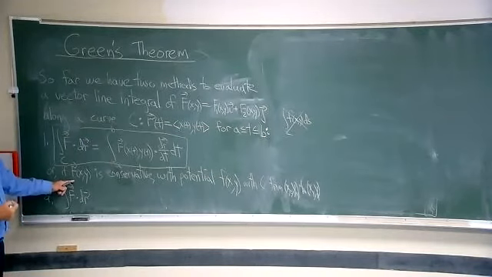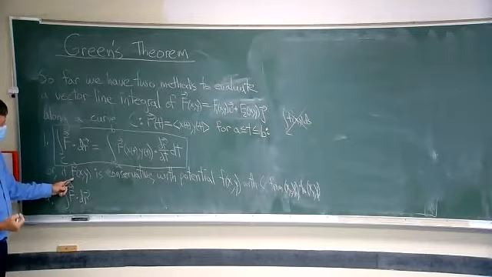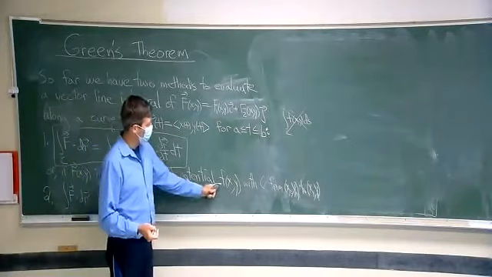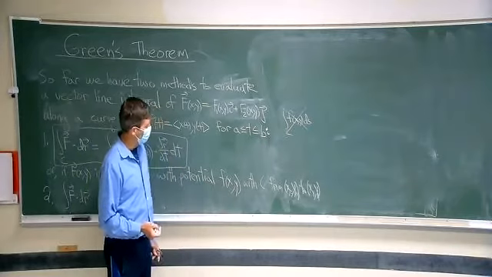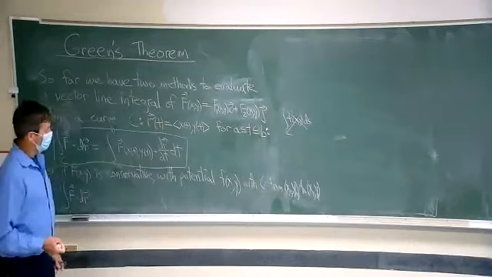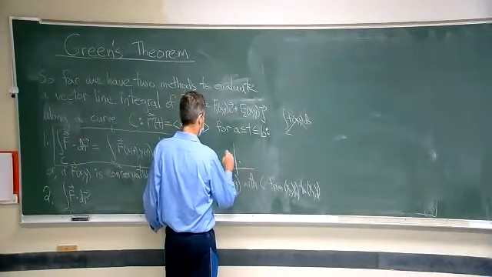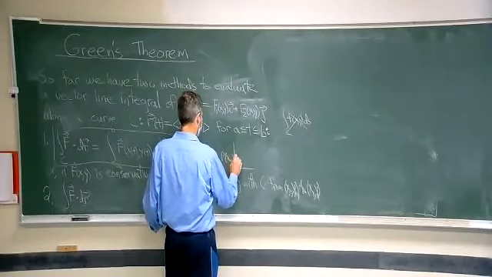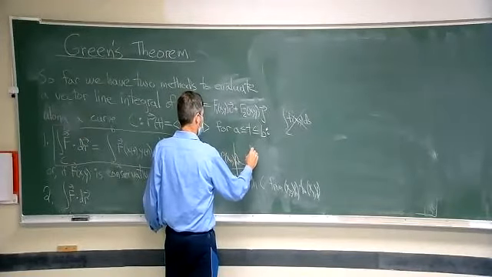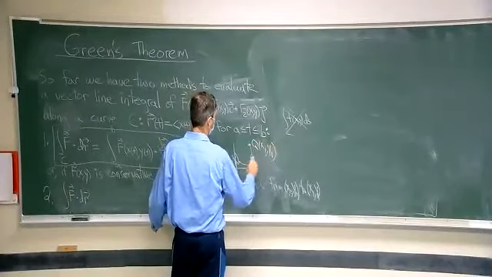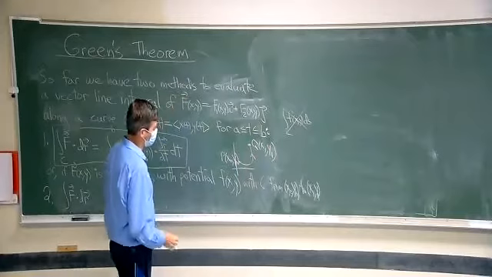Well, if F is conservative, there's a really nice result that makes this a whole lot easier. For a conservative F, think of a conservative force with potential, thinking of potential energy, f of x, y, along a path C that goes from some point P with coordinates x0, y0 to some point Q with coordinates x1, y1, it doesn't matter what path you take to get there in a conservative case.